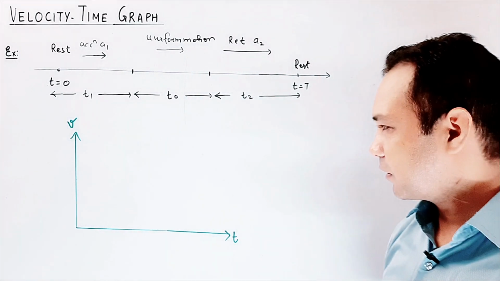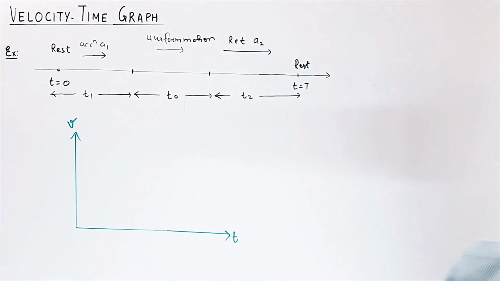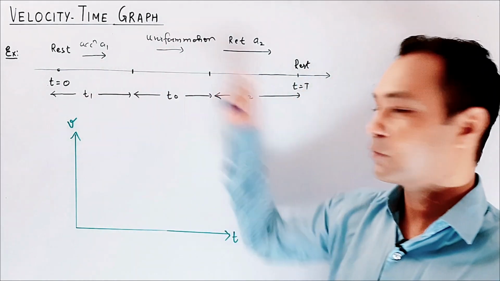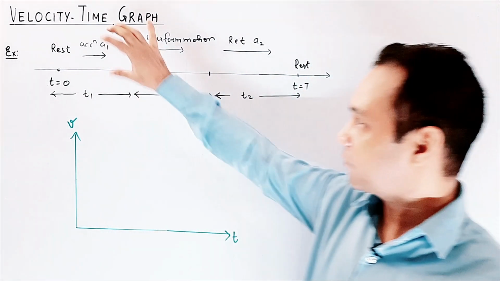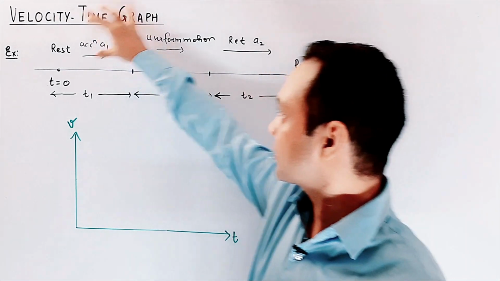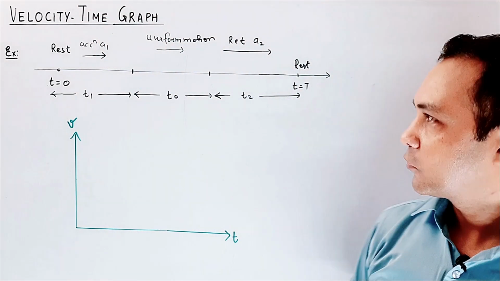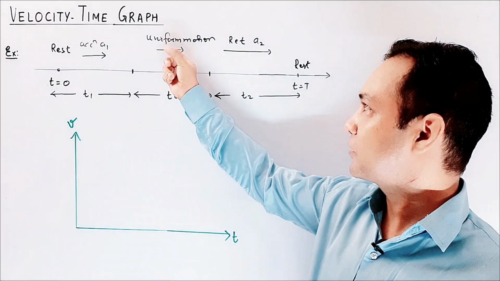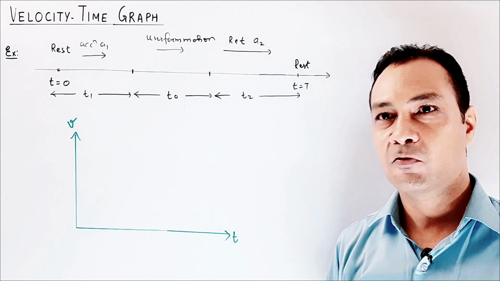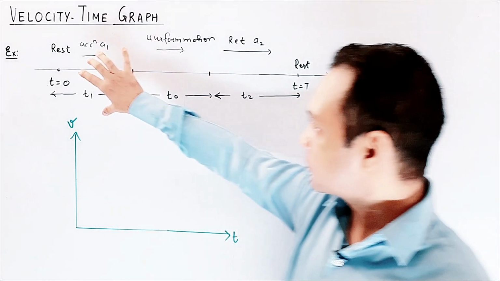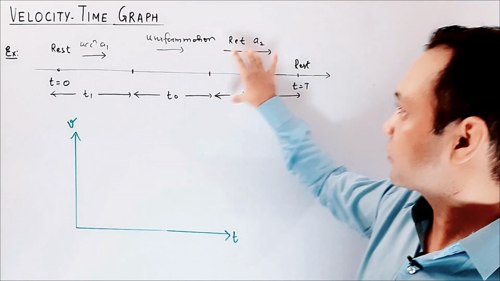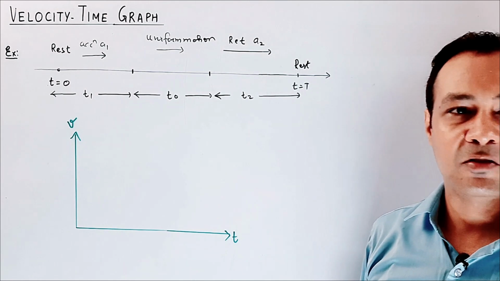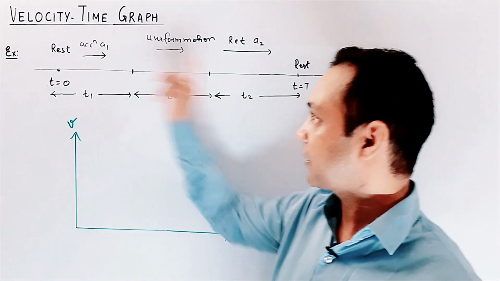It's a very important case, and usually it happens when we start from rest to rest. The only good thing is that the acceleration and the retardation are uniform. This middle phase is also acceleration, but zero acceleration. A unique acceleration will have a unique straight line. So this graph will comprise three unique straight lines, because we have three unique accelerations.